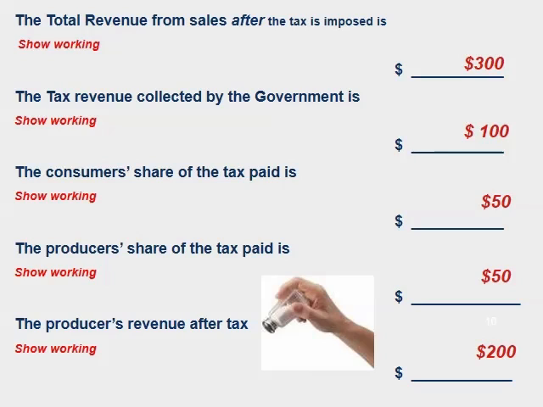Producers' share is the same. Producer revenue after the tax is $1 times 200, equals $200. So of the total tax, $100 is collected by the government. Consumers pay 50, so producers pay the other 50.